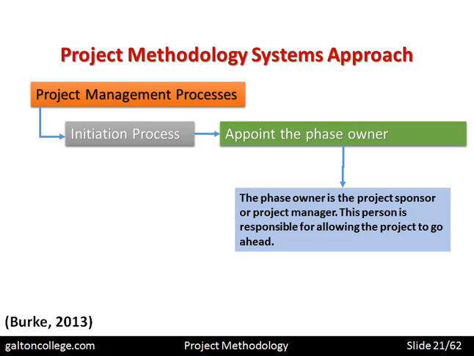So this is the starting point, and therefore it's reasonable to suggest that at this point the project could be killed off, or the project could get the go-ahead. And in order for that to happen, there must be some person responsible for the project. And this is known as the phase owner, the person who is being appointed to look into this particular project to see if it's worthwhile doing.